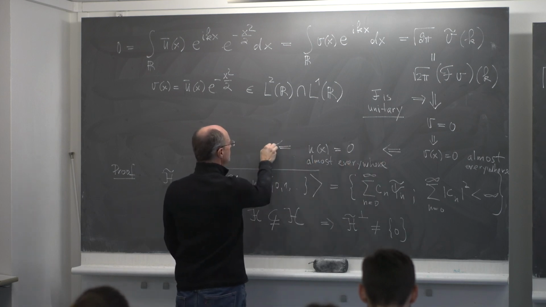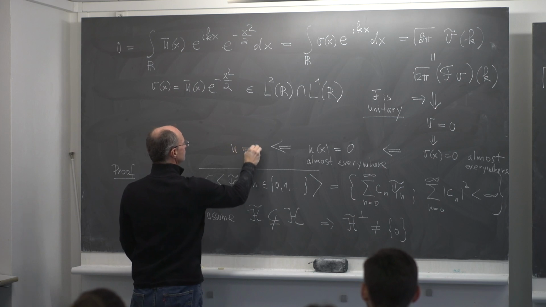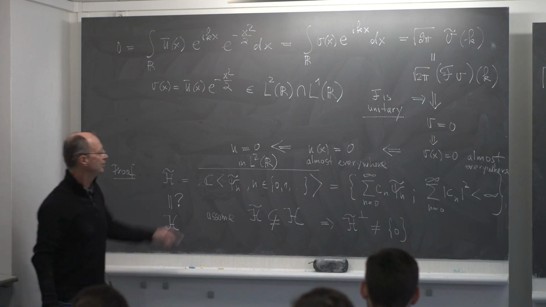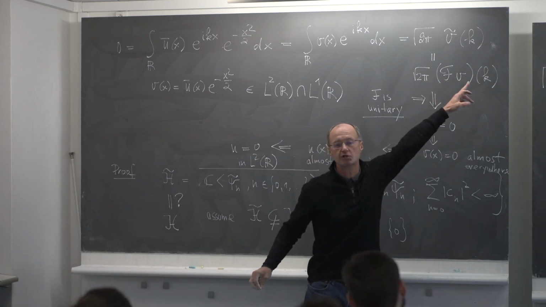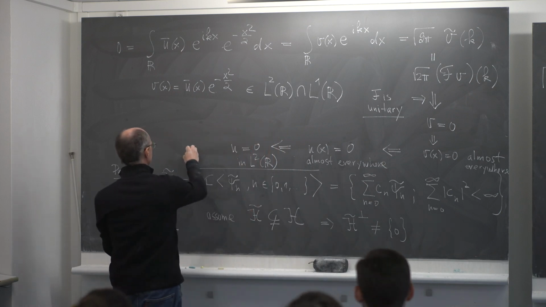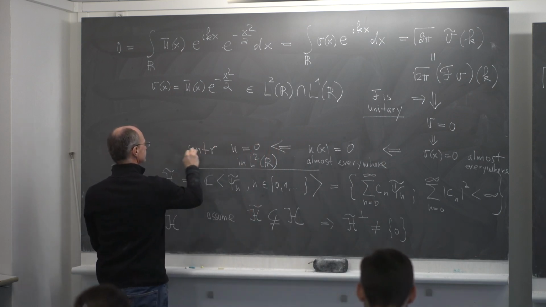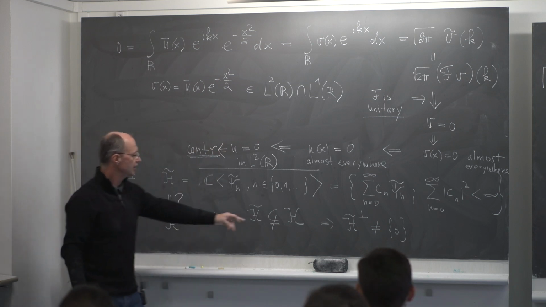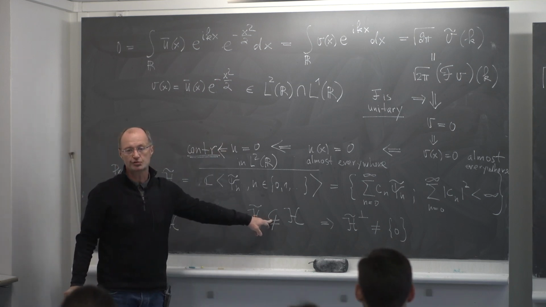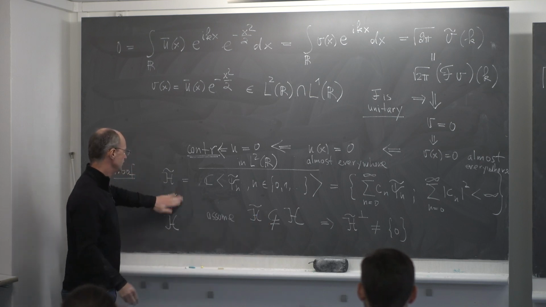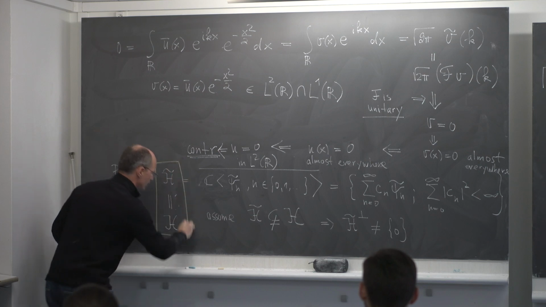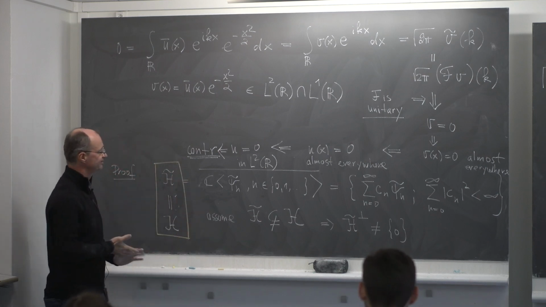But if it's 0 almost everywhere, it's 0 in L2 of R. But we assumed that it was non-zero to start with, so this is a contradiction in our argument, and this means that this assumption was wrong, and actually H tilde is equal to H.